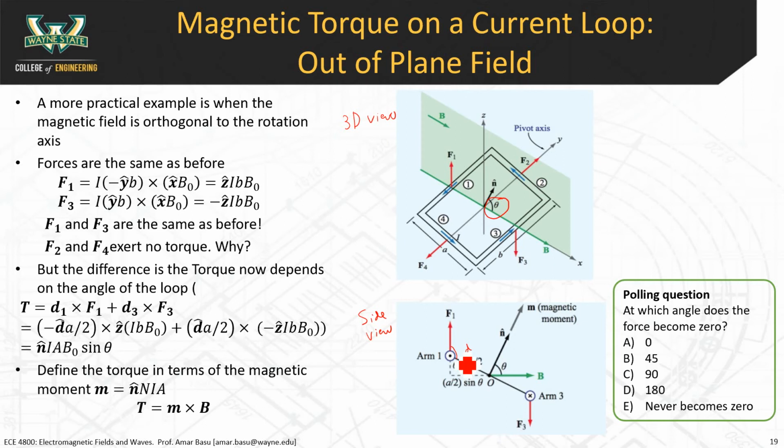Before that angle was 90 degrees. Now it looks like it's more than 90 degrees. So we're going to call this alpha, so there's no confusion here. This angle between them is alpha.